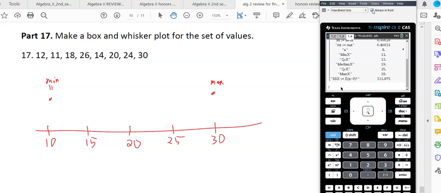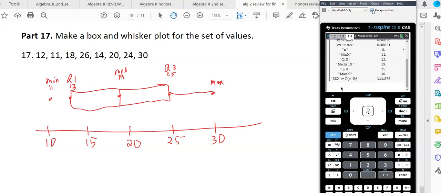Q1 is 13. Median is 19. Q3 is 25. So I'm going to draw my box. Whiskers, neither one of those look like outliers. I think we're good.